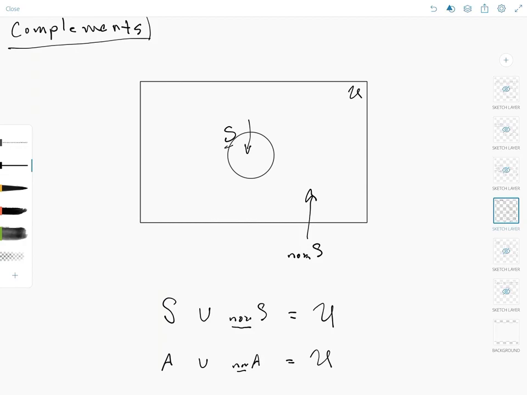Another interesting thing to notice about this is it's not the same relationship as negation. Negation in categorical logic is about excluding something from a set. So for instance, if I said that something is not an avocado, that's excluding some particular thing from the set of avocados.